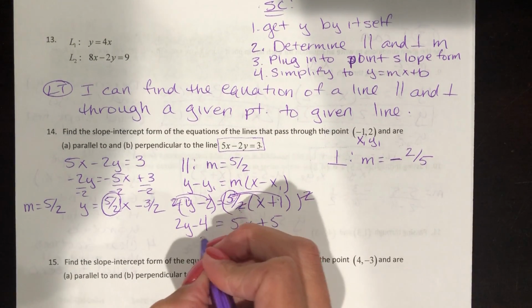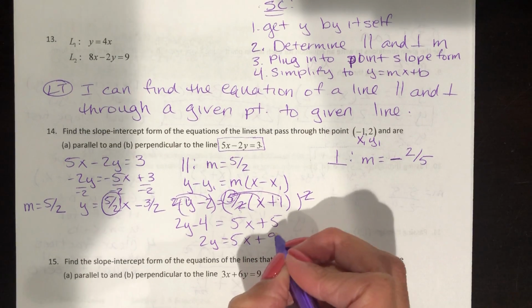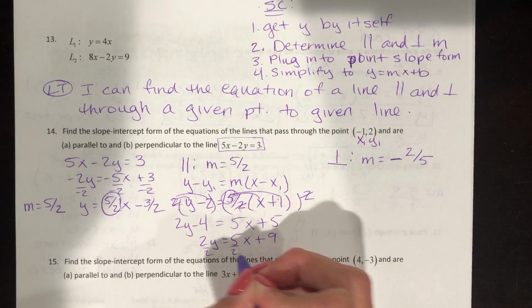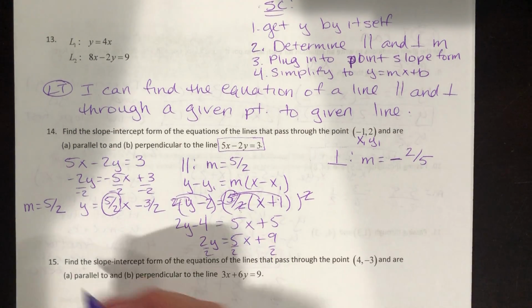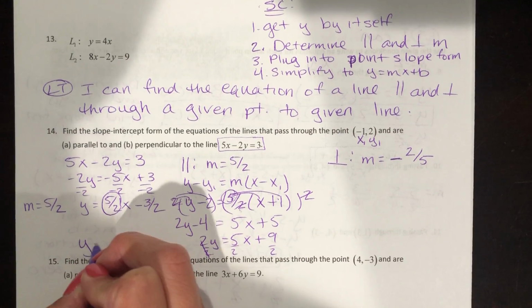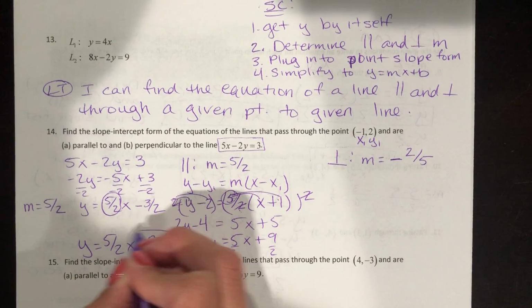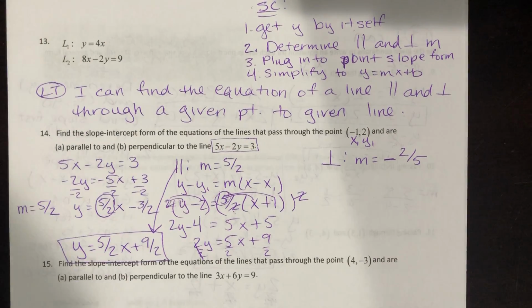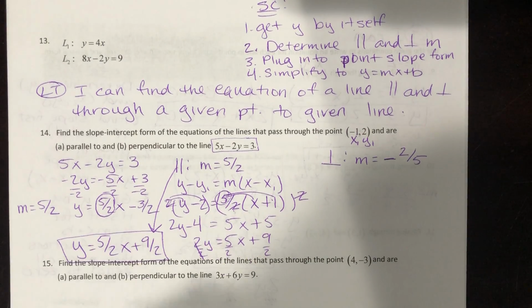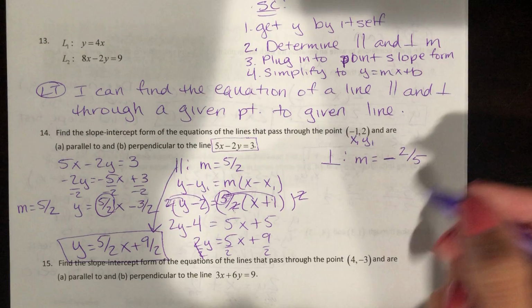So I'll add 4 to both sides and then divide by 2. My answer is y equals 5/2x plus 9/2, and this is my parallel line. Now we need to go through that whole process again to find the perpendicular. So we'll plug it in.